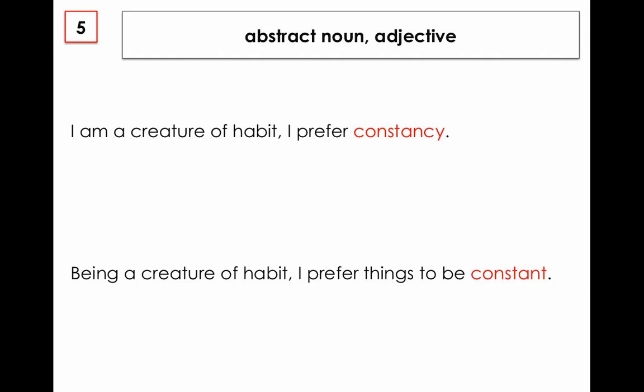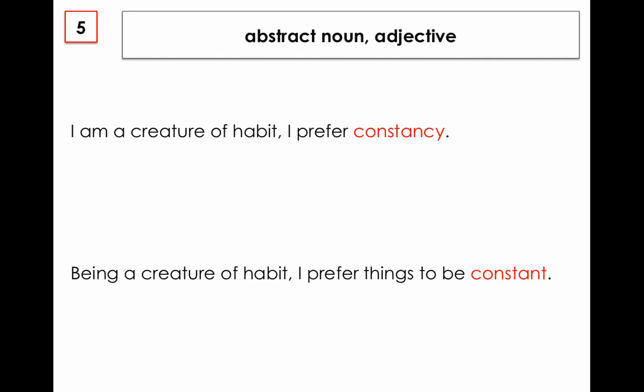So we've got the word things as the main part of the object there, and then the adjective constant adding a bit of extra information about it. Not just a bit of extra information, crucial information, otherwise it wouldn't be saying very much, would it?